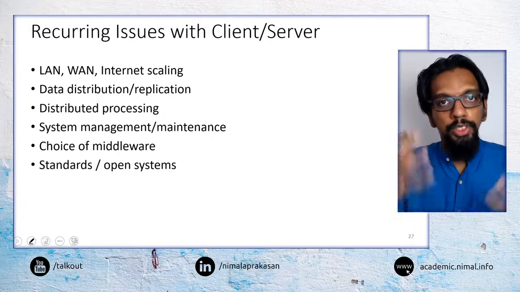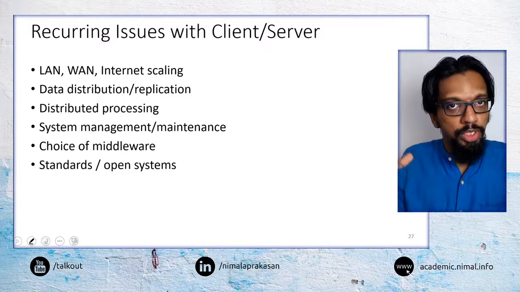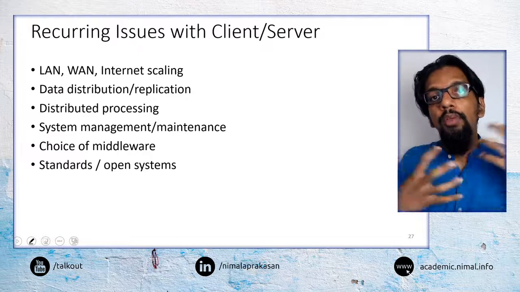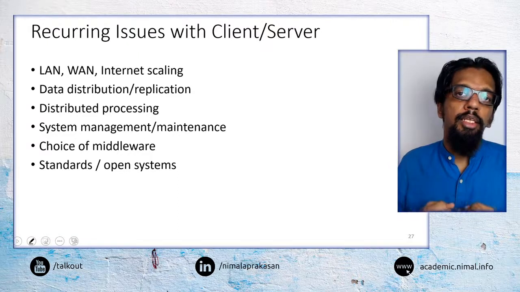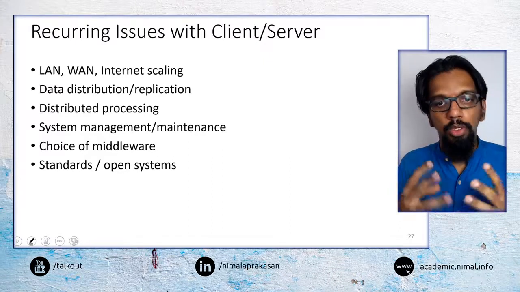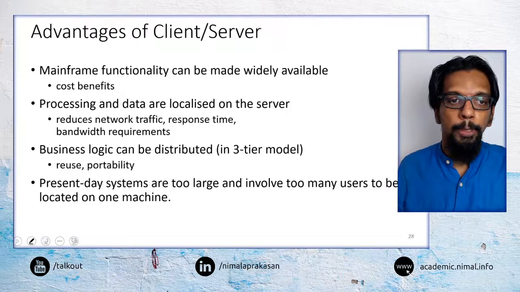There will be open systems and open standards implemented for most types of services, so they can talk with each other without having to build more specific functionalities. So these are some of the things we will encounter when we talk about client-server architectures.